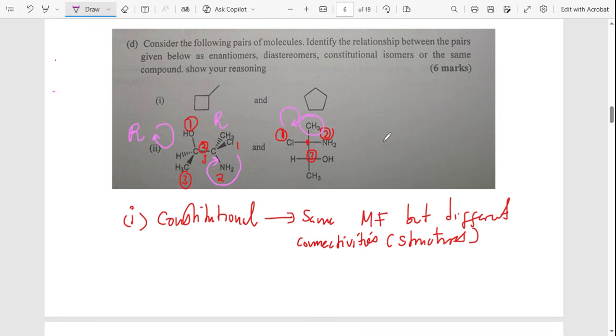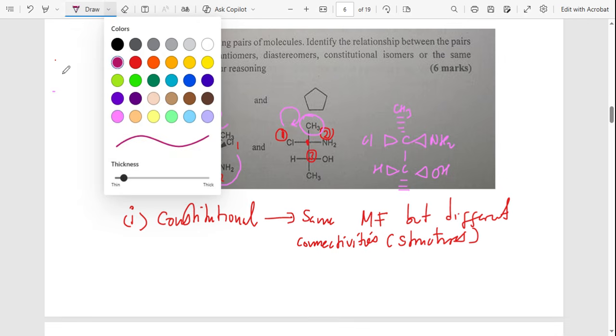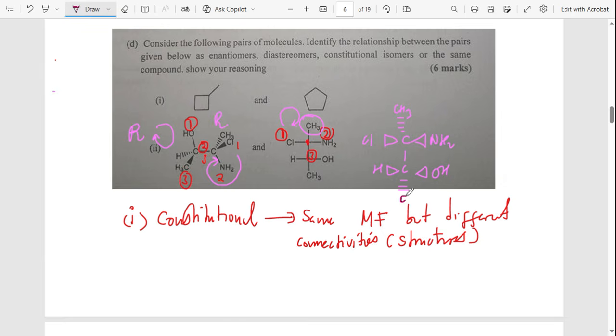What you need to know about Fischer projections is that what has been drawn here, I've got a carbon down. The group that is on top is actually at the back. And then the groups which are on the sides are actually in front. Same way with this one here. That's what you need to know. The one that is down is also actually at the back. That is a CH3.